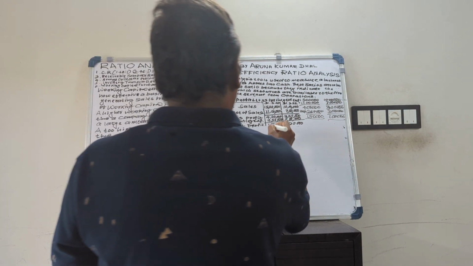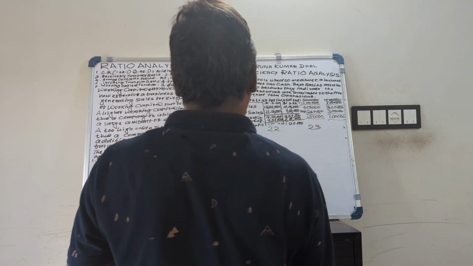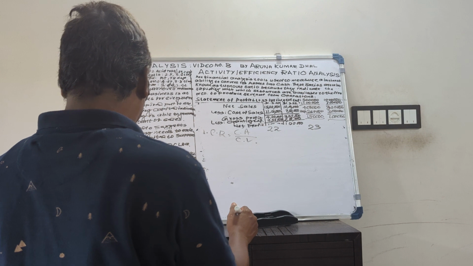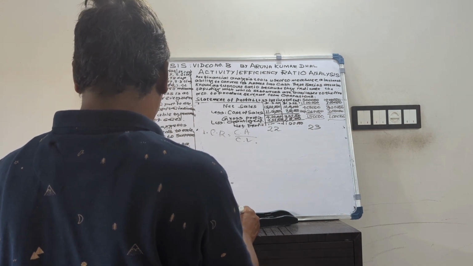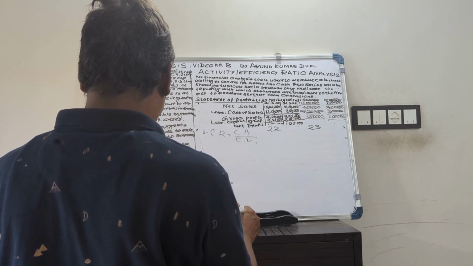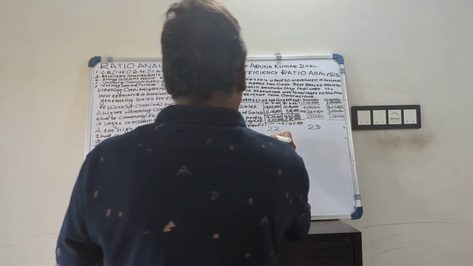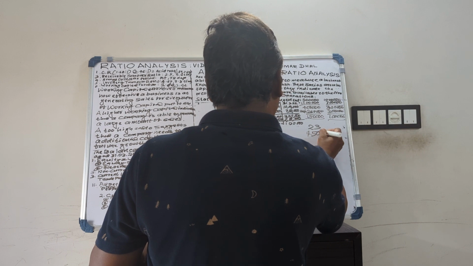In 2022, then 2023. Here current assets: inventory 1 lakh, trade receivable 2,50,000, cash in hand 80,000, then cash at bank 20,000. So total comes to 4,50,000. In 23 it is 4,50,000.